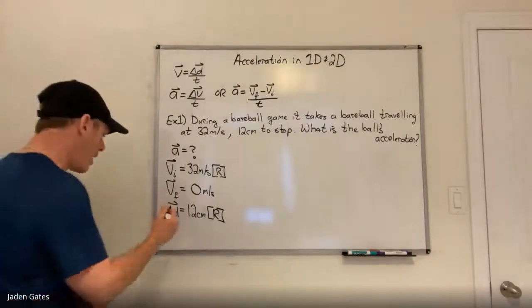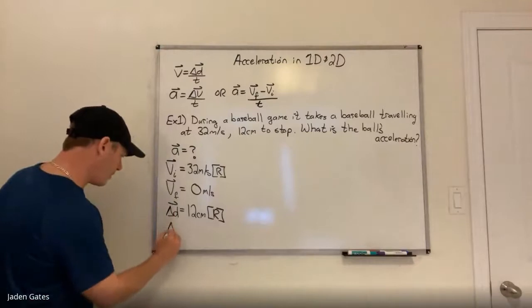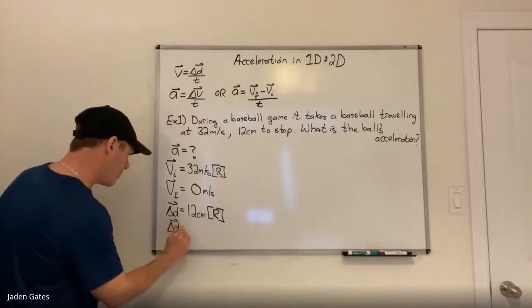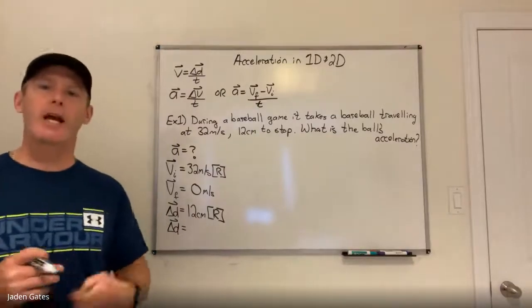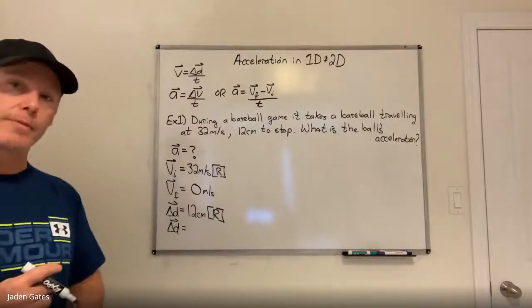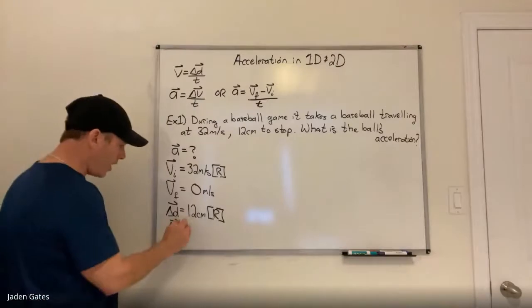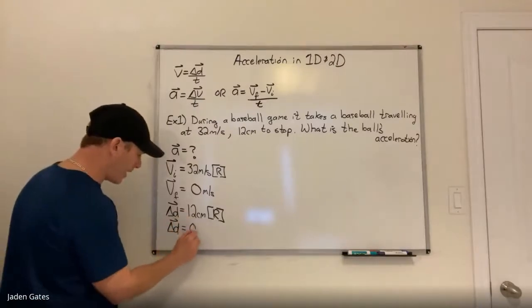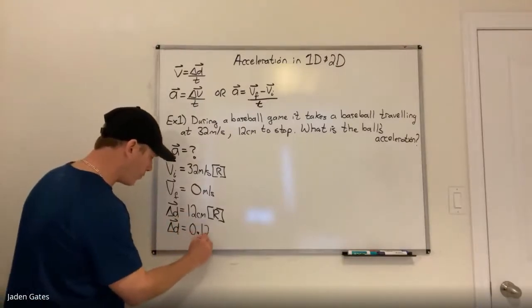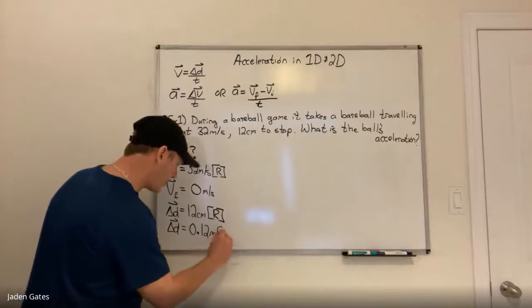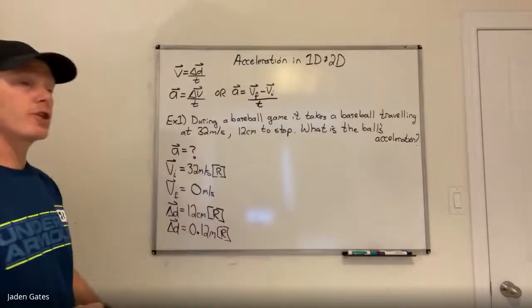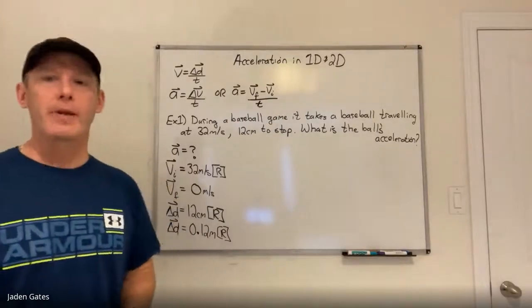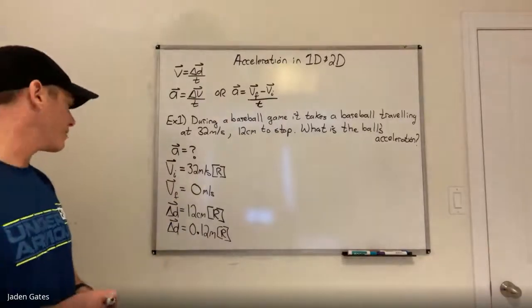And so I'm going to convert this displacement. That centimeter is going to be converted to meters. And again, there are 100 centimeters in a meter. Hopefully you know that. So I divide 12 centimeters by 100 and I get 0.12 meters. All right, so that's just making sure that all our distances are in meters, just like our time has to now be in seconds. All right, so standardize things.